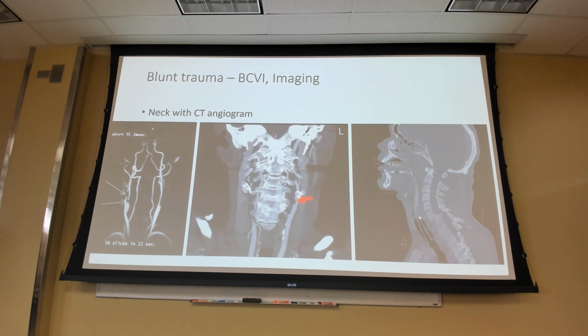CT with a contrast, but it's looking at the vasculature that we're trying to rule out that injury to. So like if we're looking at an aortic dissection, we need to time it so that that contrast is in the aorta when the CT scan is attaining its images. And then obviously with CT abdomen and pelvis with contrast, we're looking mostly at like systemic and portal venous capillary beds.